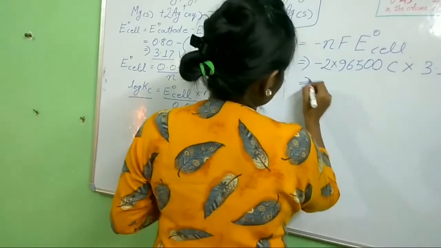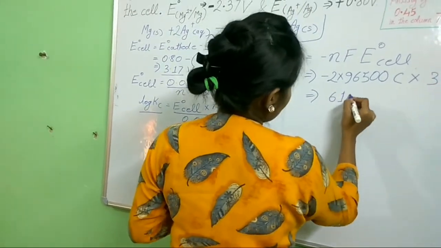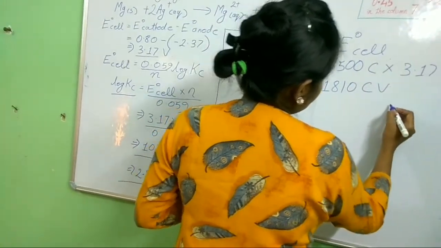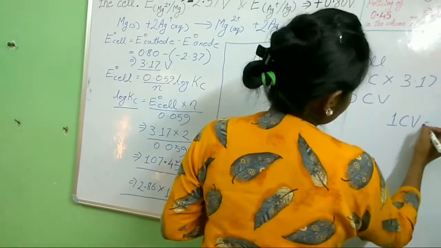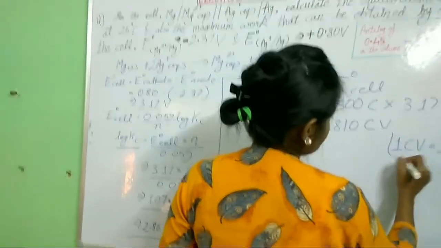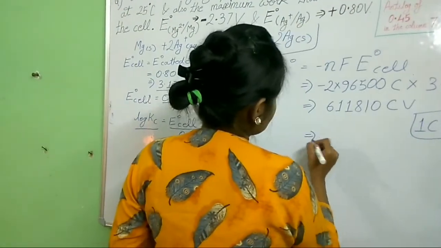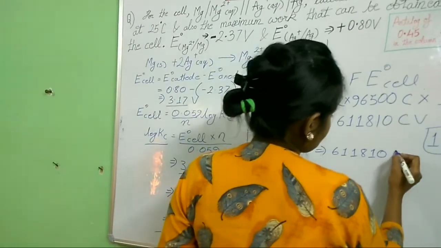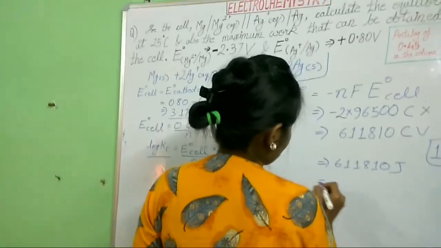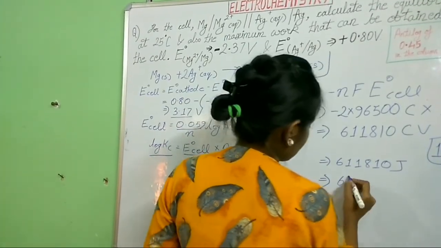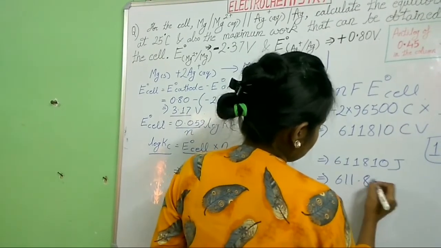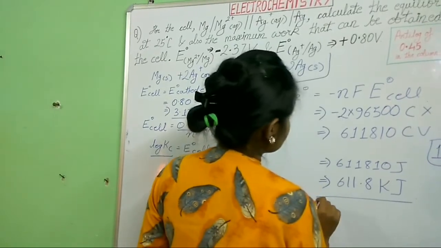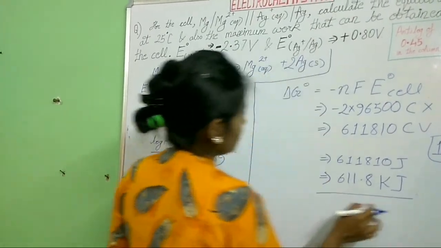If we calculate this, we get 611,810 Coulomb volt. As we know that 1 Coulomb volt equals 1 joule, it will be 611,810 joule. If we want to turn it into kilojoule, the answer is 611.8 kilojoule, which is our maximum work done, that is delta G naught. Hope you have understood.